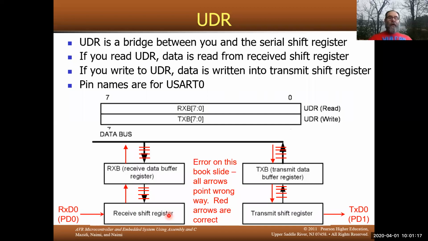It is up to you, the programmer, to retrieve the character out of this receive data buffer before the next character is received. Now at 9600 baud, you've got roughly 0.1 milliseconds, a long time, and sometime in that 0.1 milliseconds, your program is going to come and read this receive data buffer register.